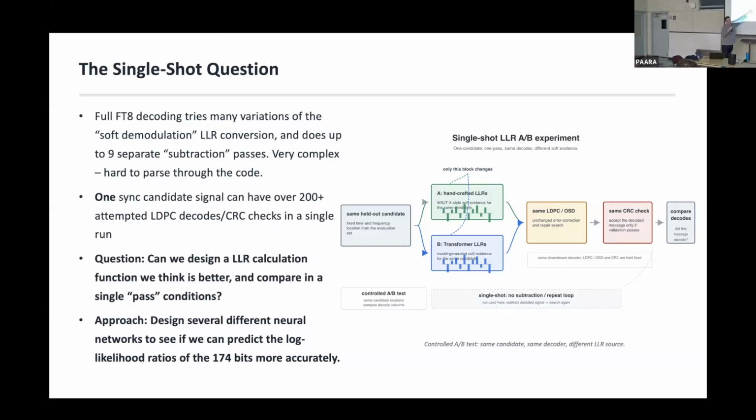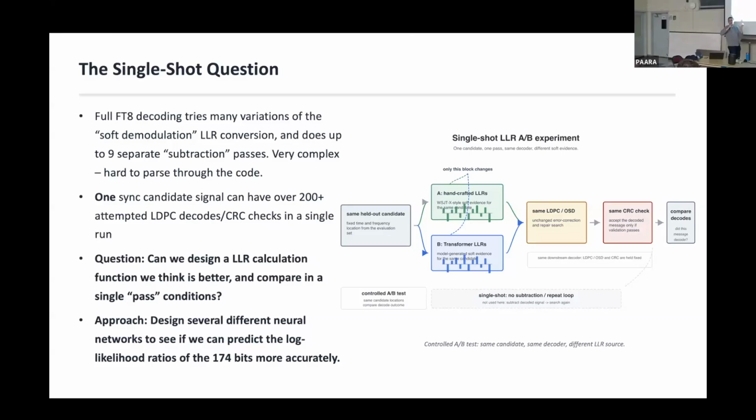Don't change anything about the decoding that WSJT-X does on its first pass, because the subtraction and all this other stuff just adds so much complication. Instead of trying to replicate the whole 9 layers, and I think you could potentially try LDPC over 100 times in WSJT-X, and how it works.